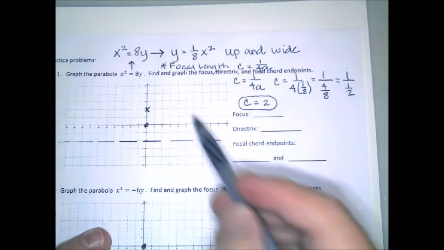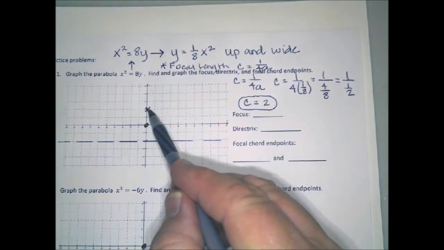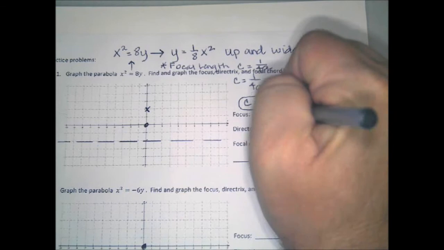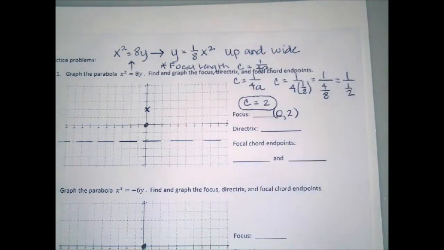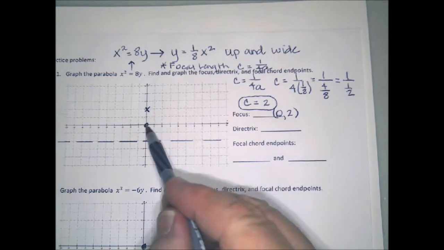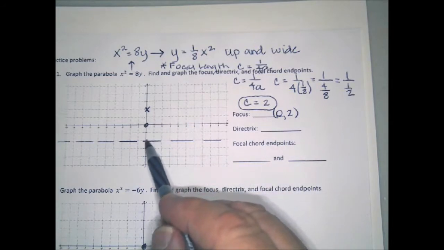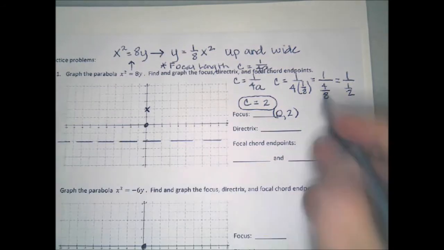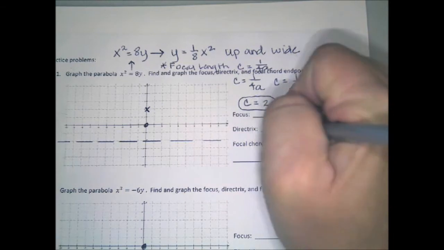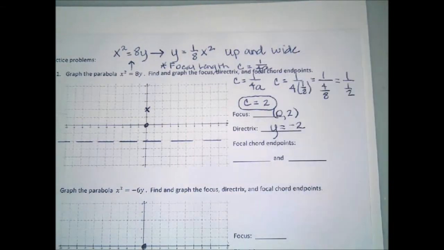If I was at 0, 0, and I took 2 steps up, I'm now at 0, 2. Now, if I was at 0, 0, and I took 2 steps back, a lot of students say that that's 0, -2. But remember, the directrix is a line. It isn't a point. So that horizontal line is y equals -2.